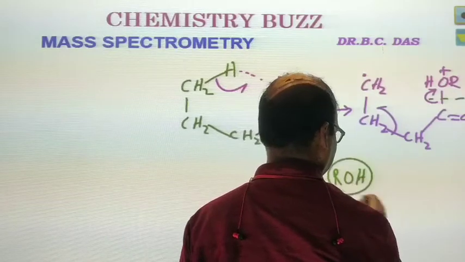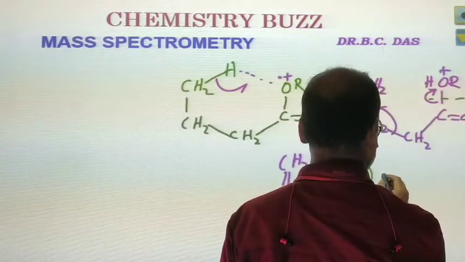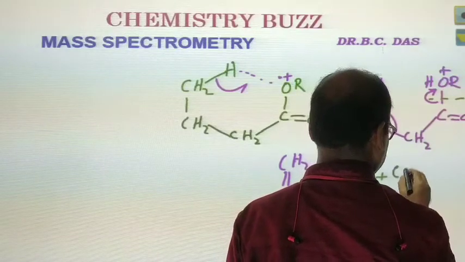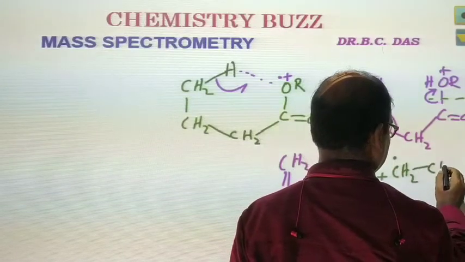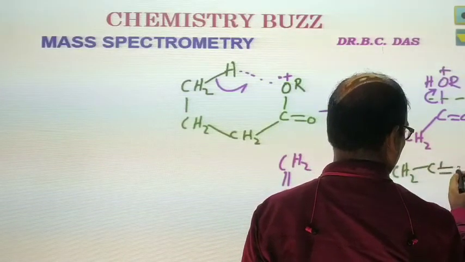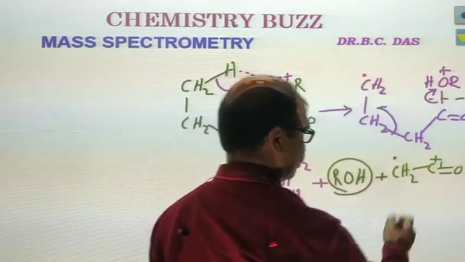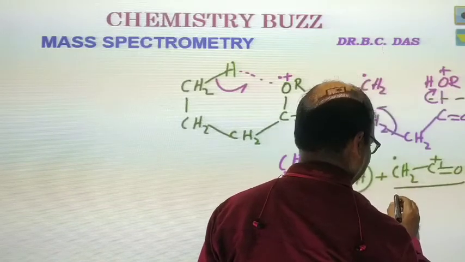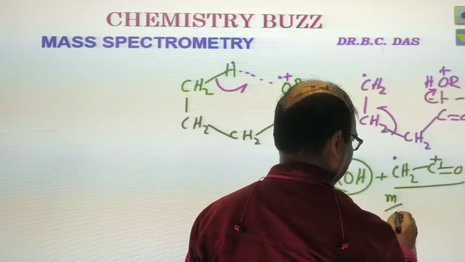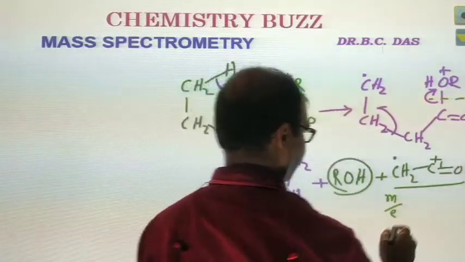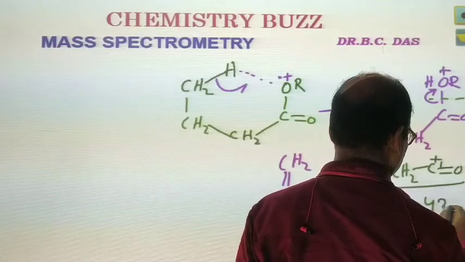So a neutral fragment, a neutral molecule, is formed, that is the alcohol, and you will get CH2 dot C double bond O with a plus charge on the carbon atom. So you will get a peak for this ion, that is m/z equal to 42.